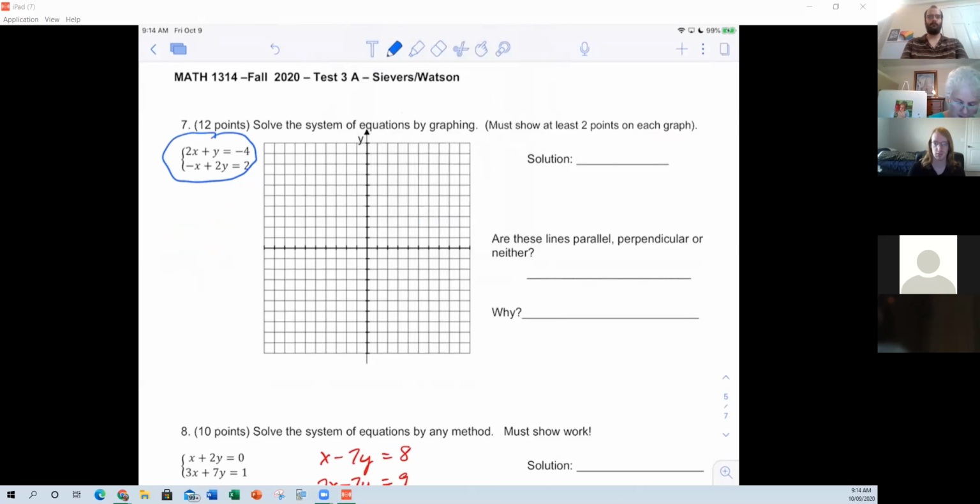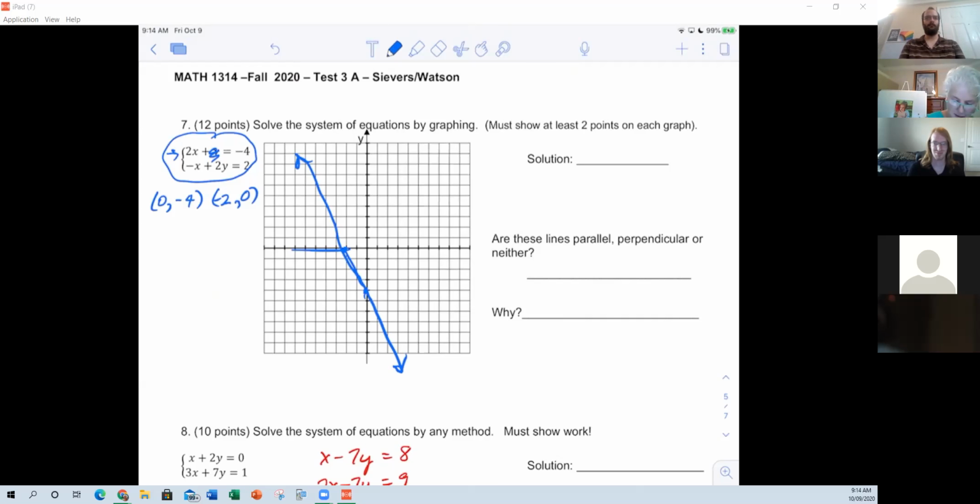If I plug 0 in for x in this first equation, I get y is -4. And then if I plug 0 in for y, I get x is -2. So the intercepts are (0, -4) and (-2, 0). And then that's a lovely line, I know.